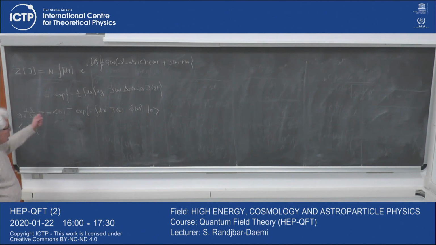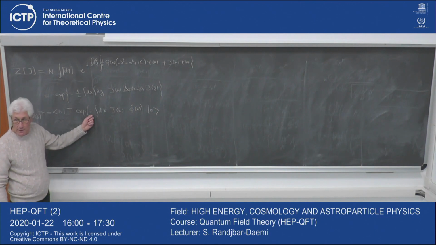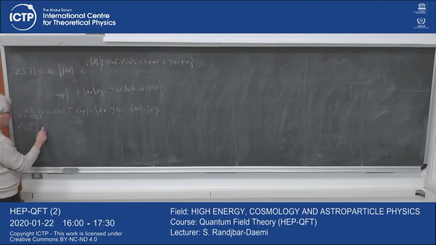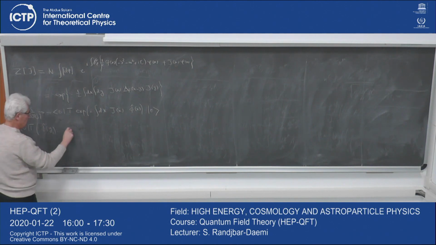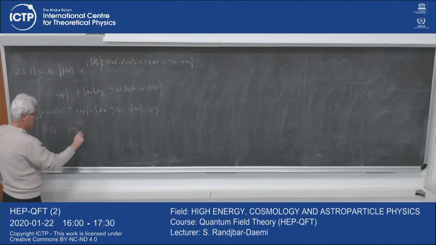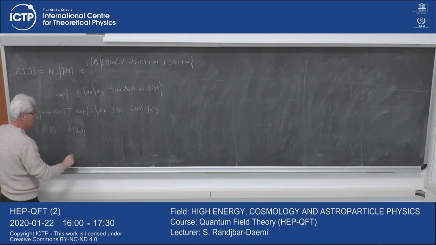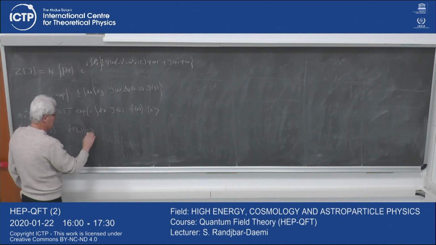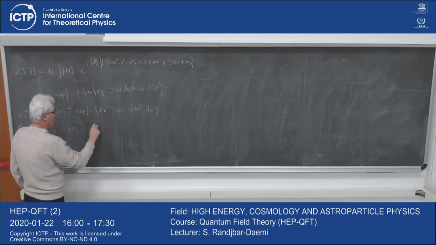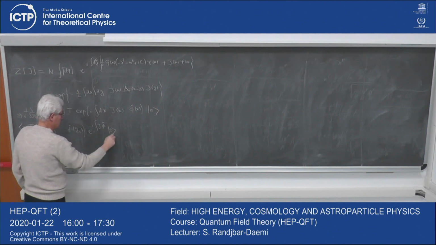This 1 over i is meant to kill the i coming from here, so that you get a neat φ hat y1 up to φ hat yn ground state, also the exponential of i J φ hat ground state.